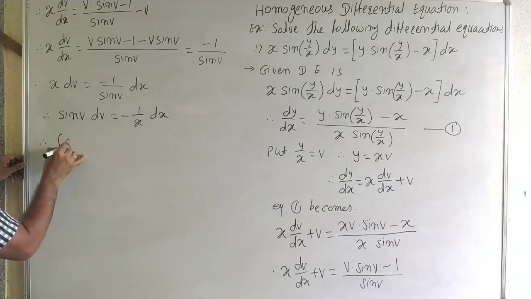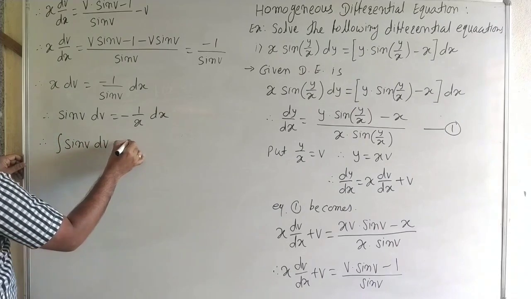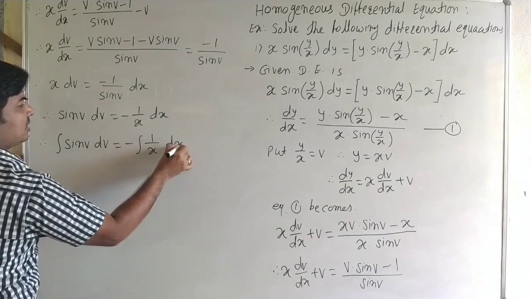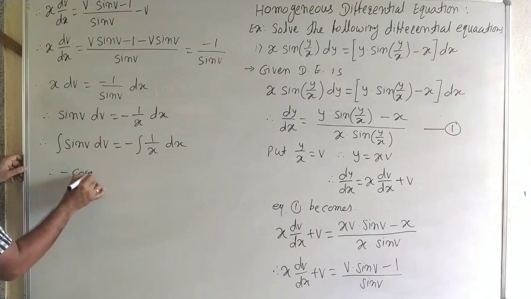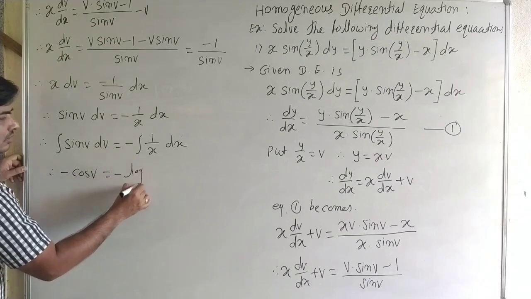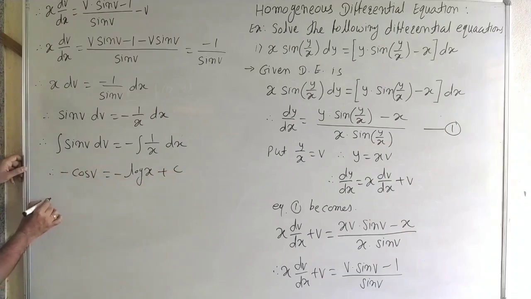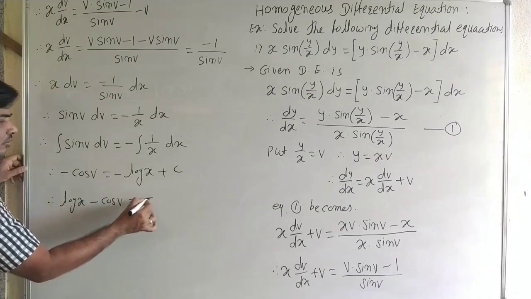Taking integrals, therefore sin v dv is equal to minus 1 by x dx, and integral of sin v with respect to v, it is minus cos v is equal to minus log x plus c. This log x we can write here. Therefore log x minus cos v is equal to c.